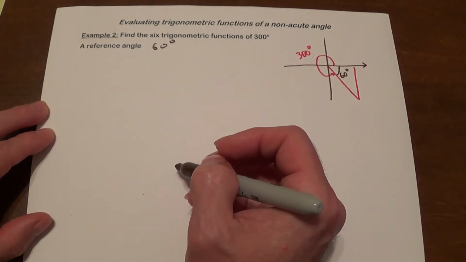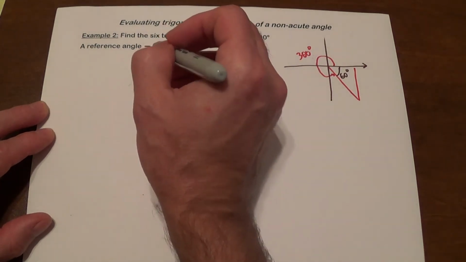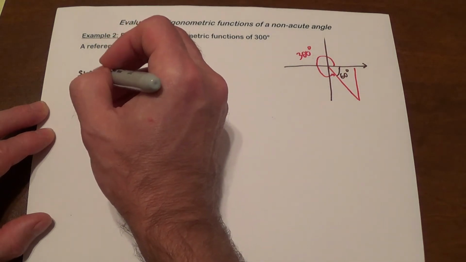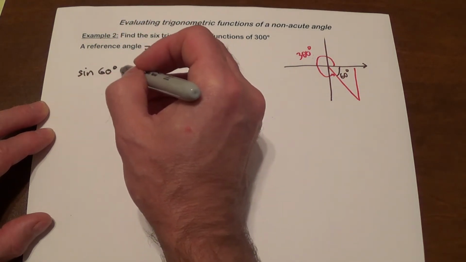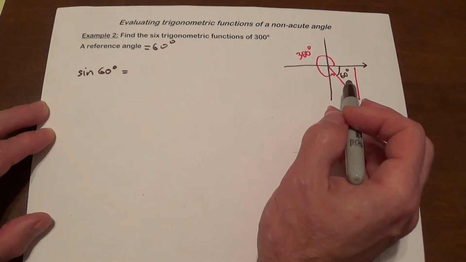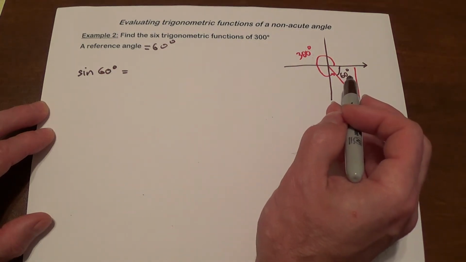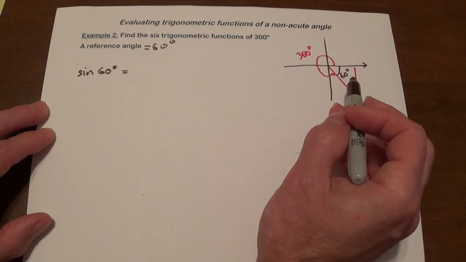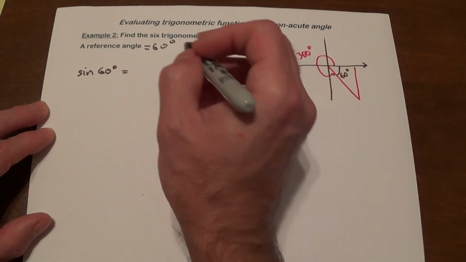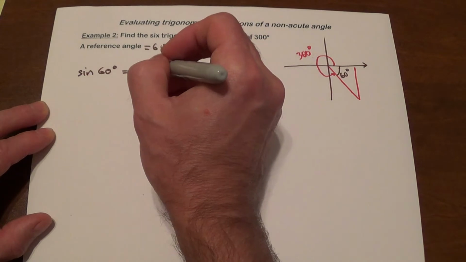So we are going to get kind of the same values. We just have to be very careful with signs of those. So sine 300 degrees. Sine 60 degrees is square root of 3 over 2, but we are in quadrant 4. In quadrant 4, the value of sine is going to be negative, and that means we're going to have negative square root of 3 over 2.